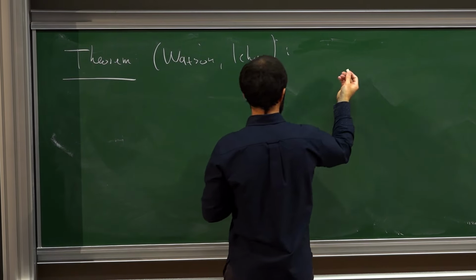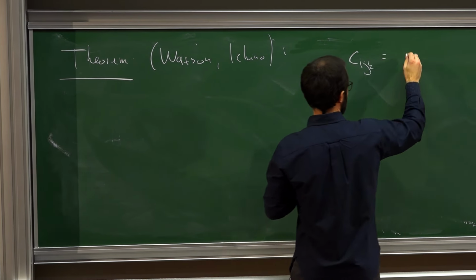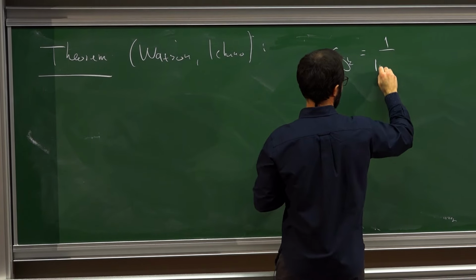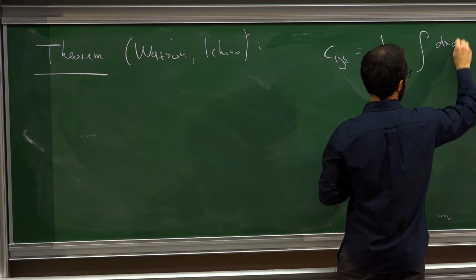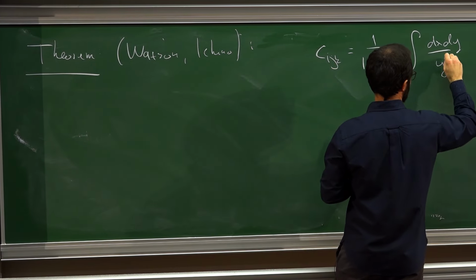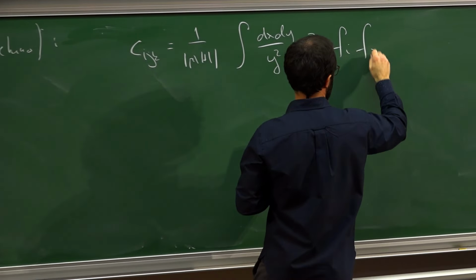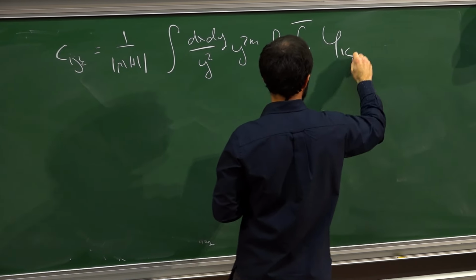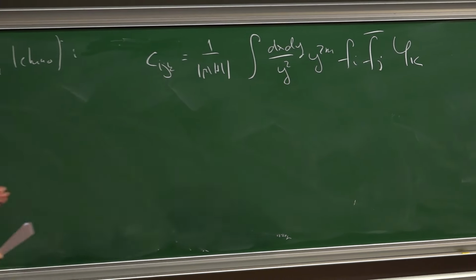Let's recall that C_ijk is 1 over the volume times the integral, which is the 3-point function, and Watson and Ichino gave a formula for C squared.